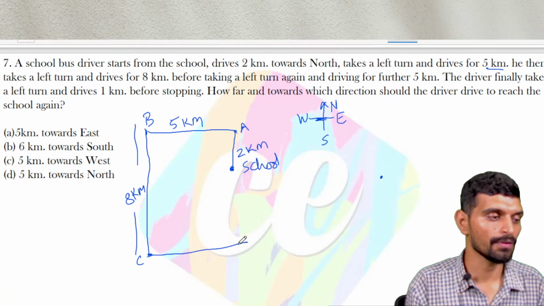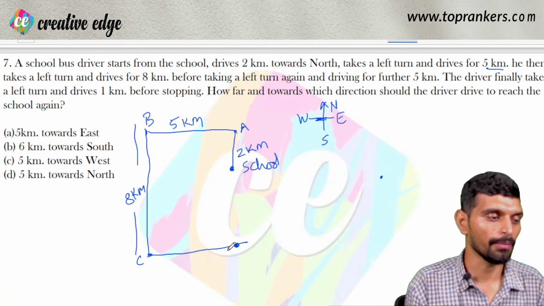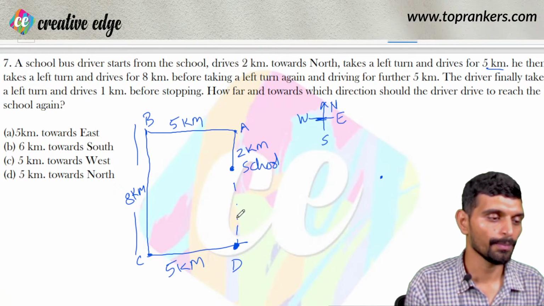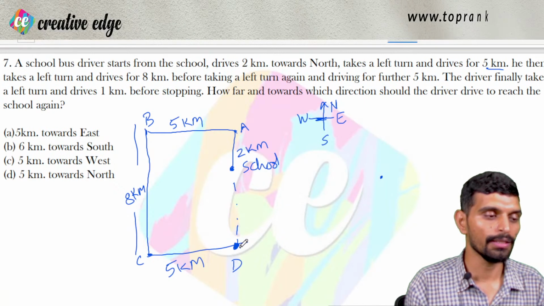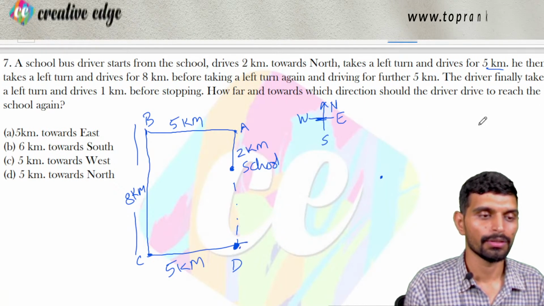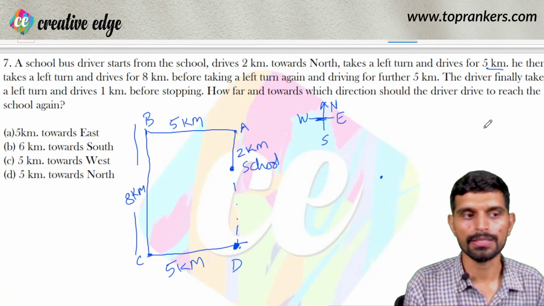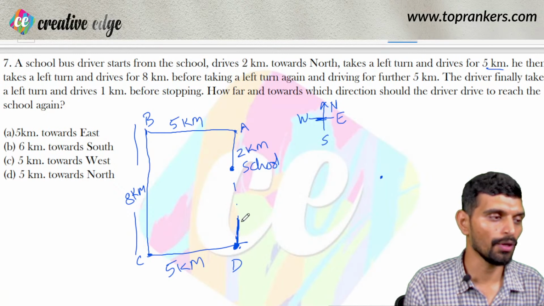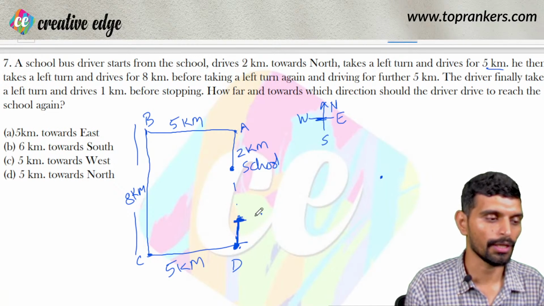So this point is D. Now he is in the same line as point A and the school, and then he takes a left turn. A person facing east taking a left, as we have already discussed in the previous question, will move towards north, and he drives for 1 kilometer and stops at point E.